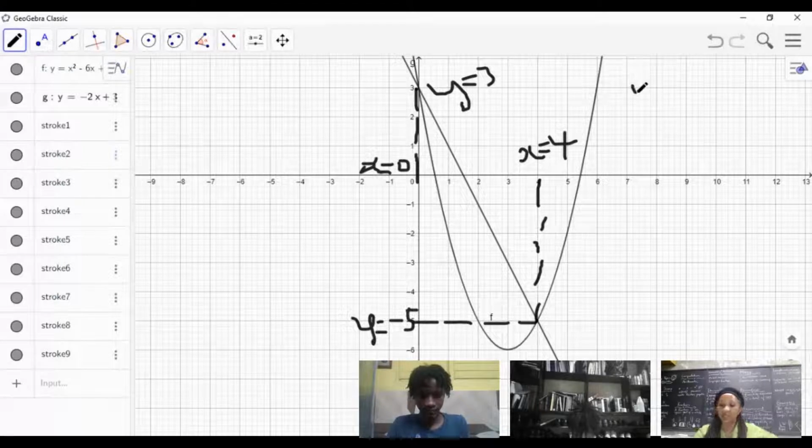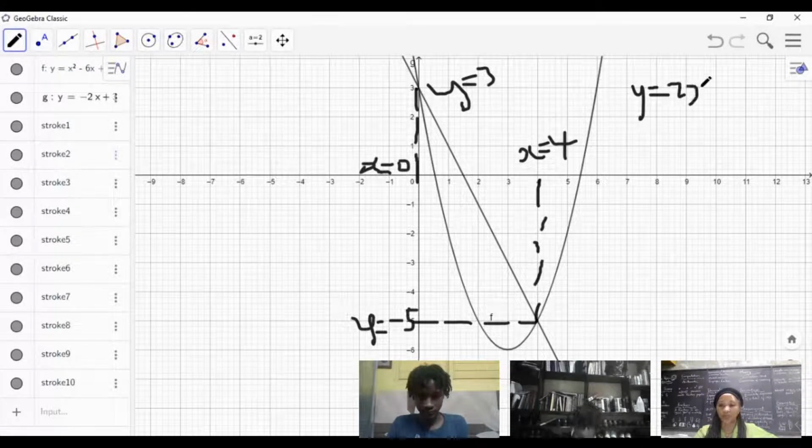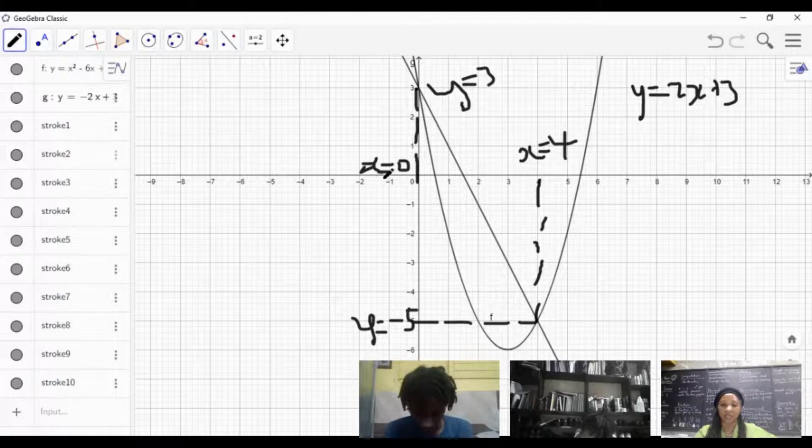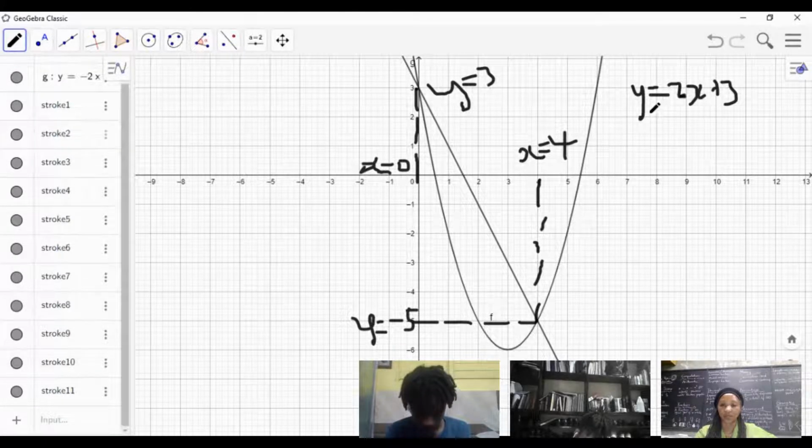So the linear is y equals 2x plus 3. Check it out. Plug in these two values. Miss, x is 0, y is going to be 3.